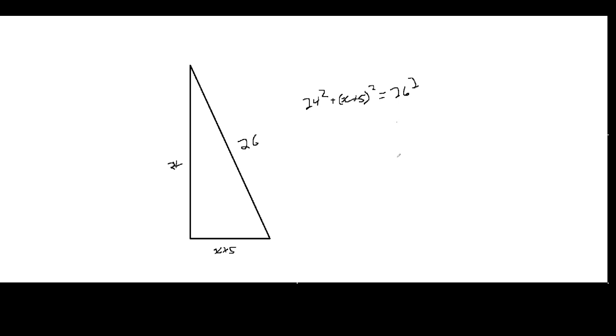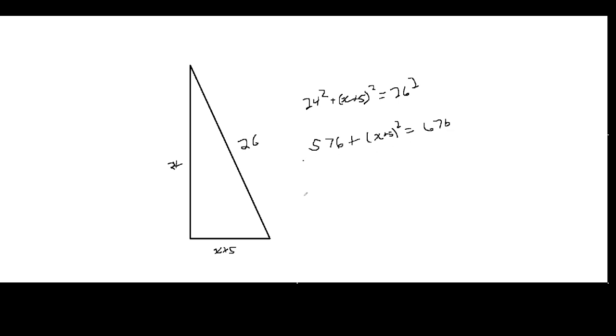If we plug that into our calculator, I don't know what 24 squared is in my head, 576 plus (x plus 5), we're just going to leave that as squared, equals 26 squared, which once you plug that into your calculator is 676.